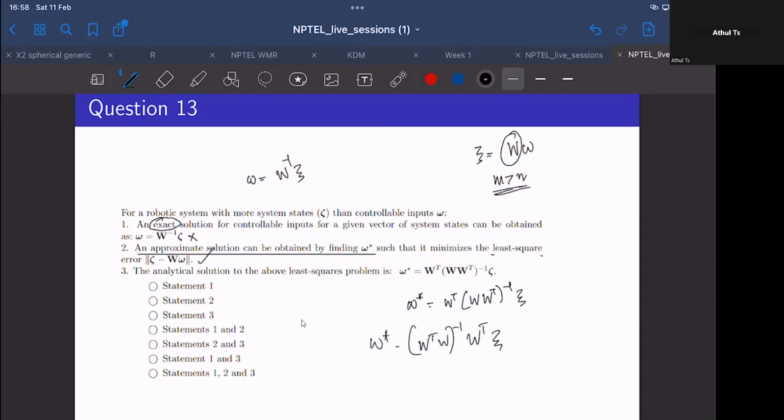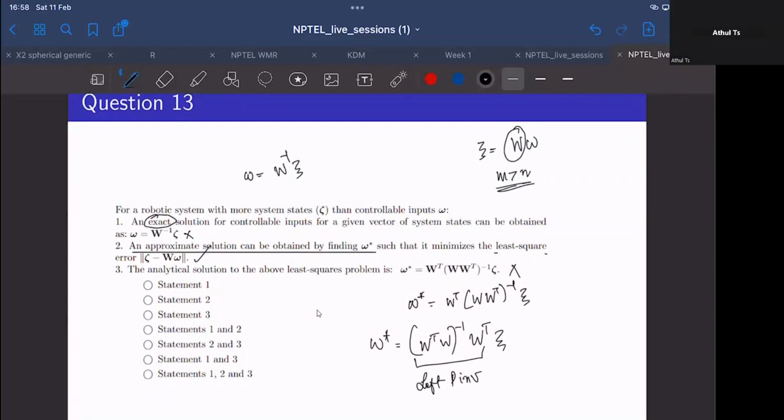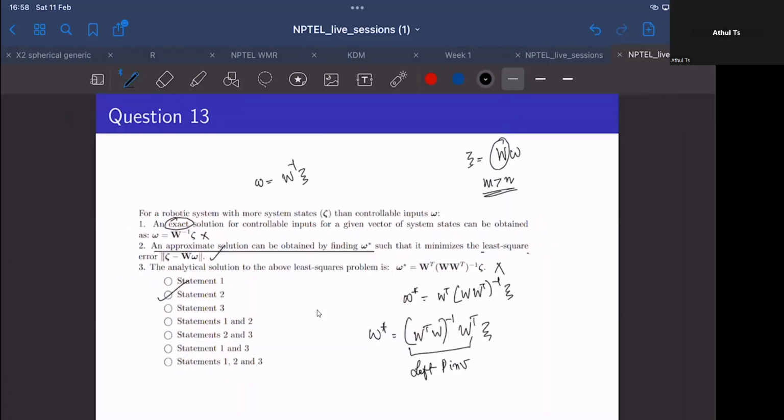We have already discussed it; this is called the left pseudo inverse. So option 3 is wrong. In this regard, what would be the correct choice? Only statement 2 is correct. I hope the justification is clear.